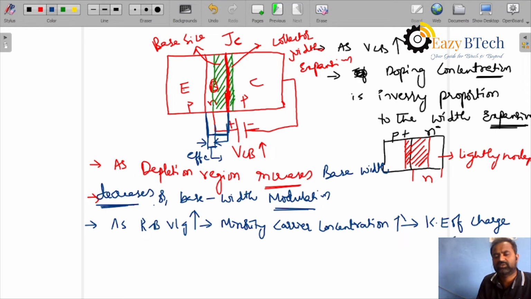Due to the increased kinetic energy, more collisions take place and heat is produced.